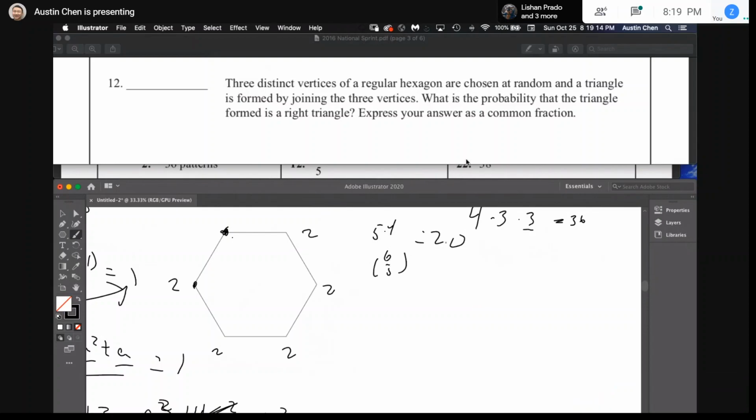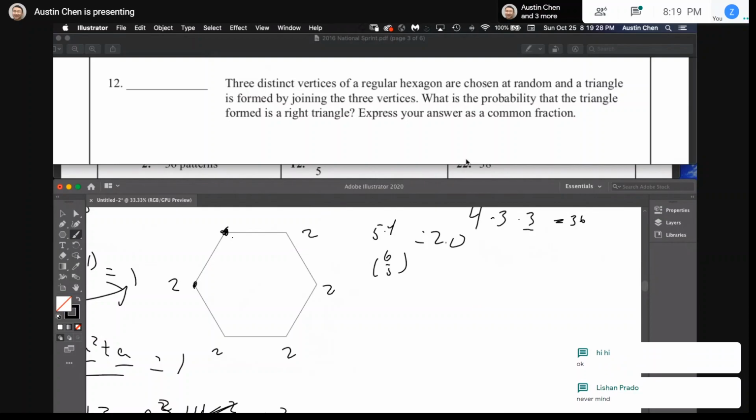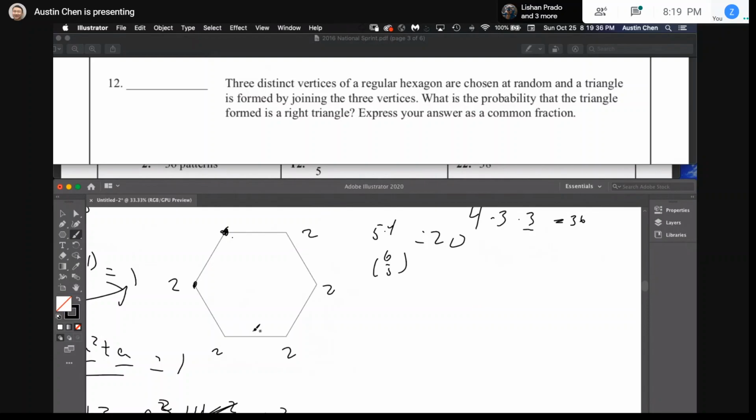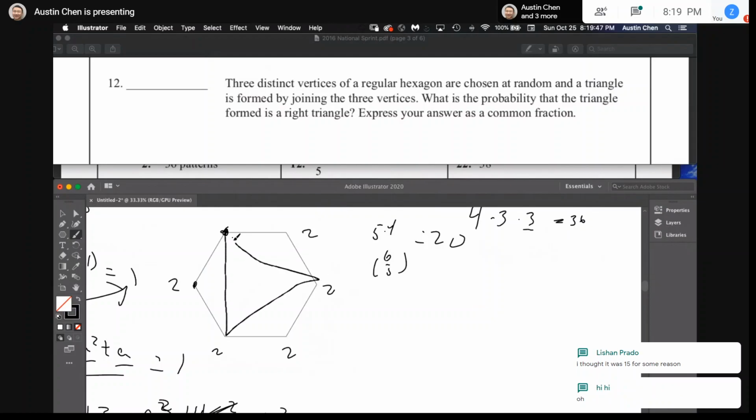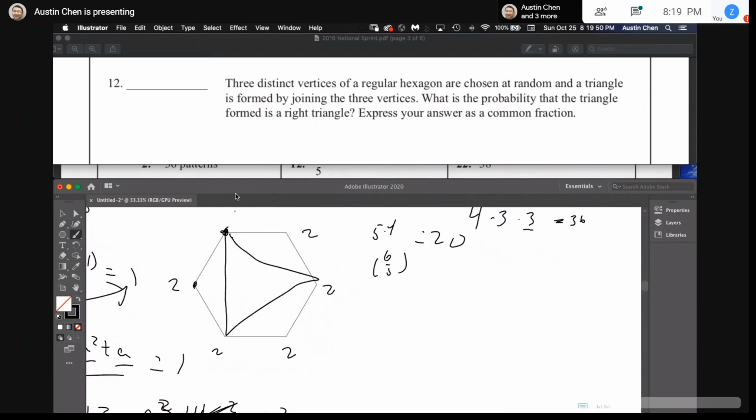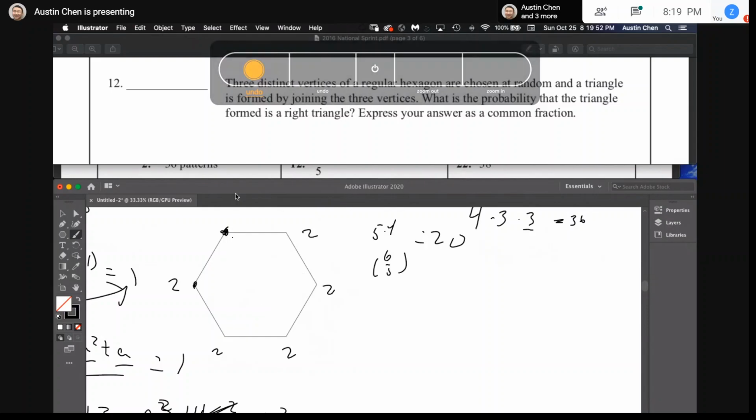Yep. How many right triangles are there? Okay, look, for each side, there's two possible right triangles, right? That is correct. So there's six sides, and so there's 12 right triangles. Okay. So every right triangle has to have a base of one of the hexagon sides, right? This triangle, which doesn't have any base of the hexagon, is not a right triangle.